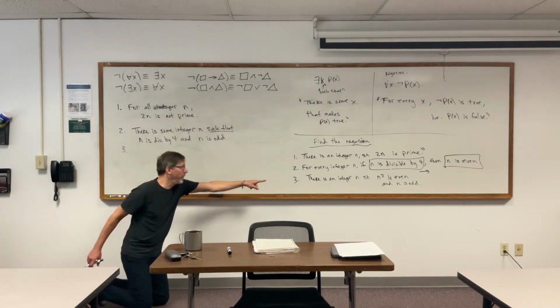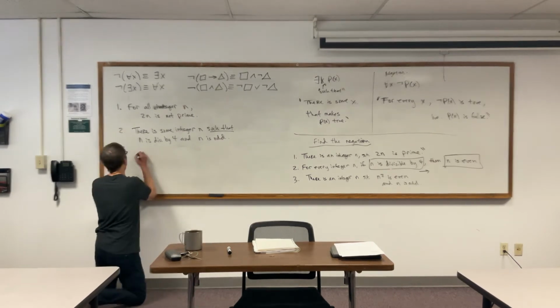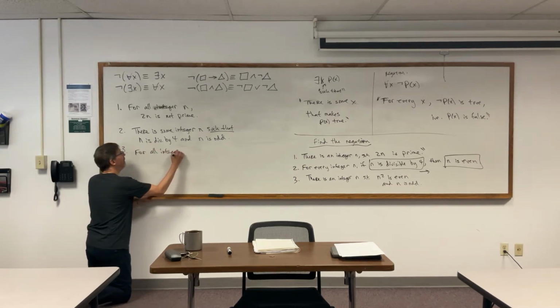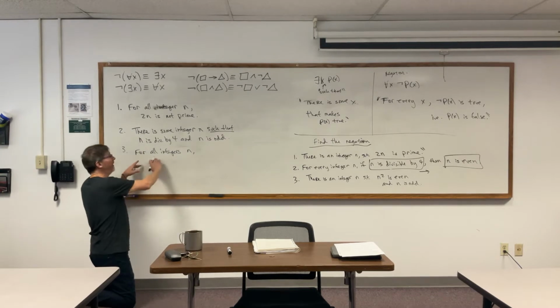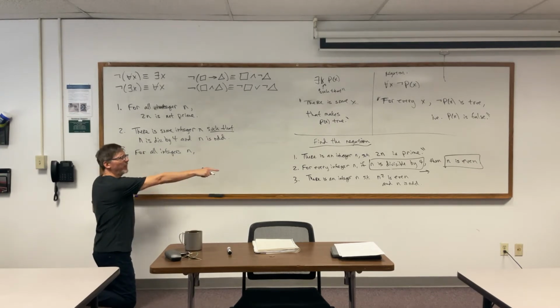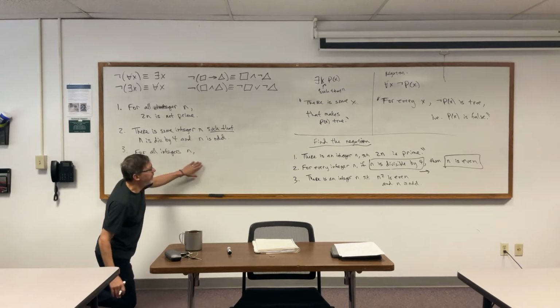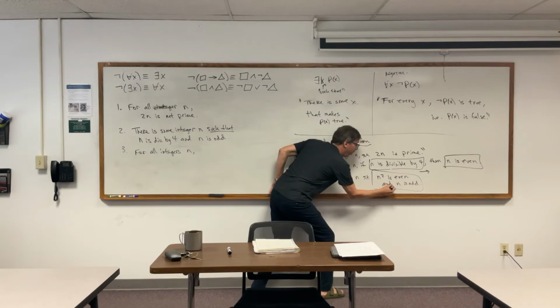Cool, so let's start off. What was your first thing? You said for all integers n, so good for a start. We're going to leave out the such that, because that doesn't go with the for all. That stays back with the negation. So for all integers n, and then I want to negate this thing. What is the key phrase here?